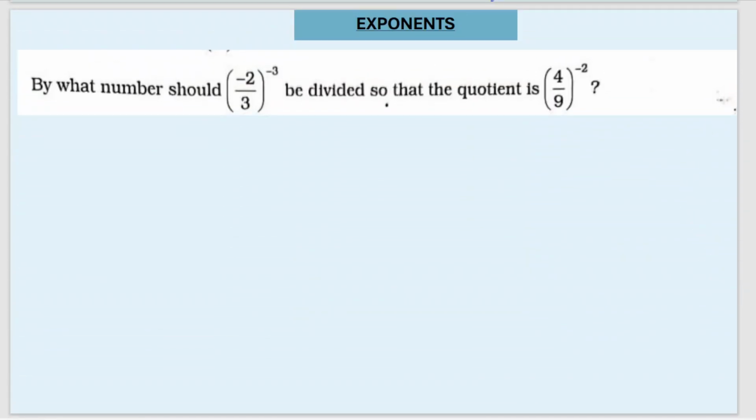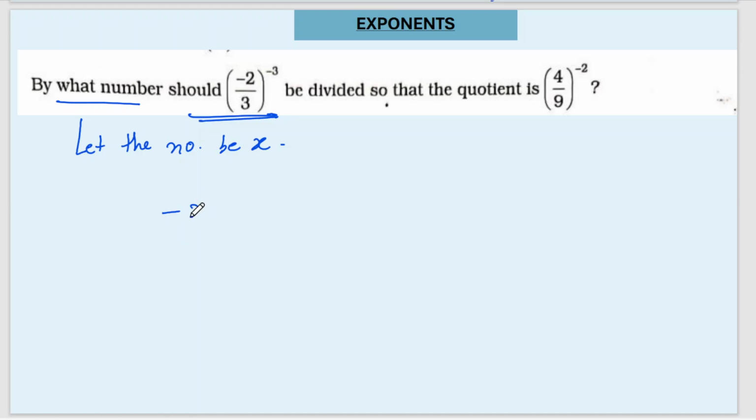By what number should (-2/3)^-3 be divided so that the quotient is this? Okay, we don't know the number. So let the number be x. Okay, now we want to divide this.